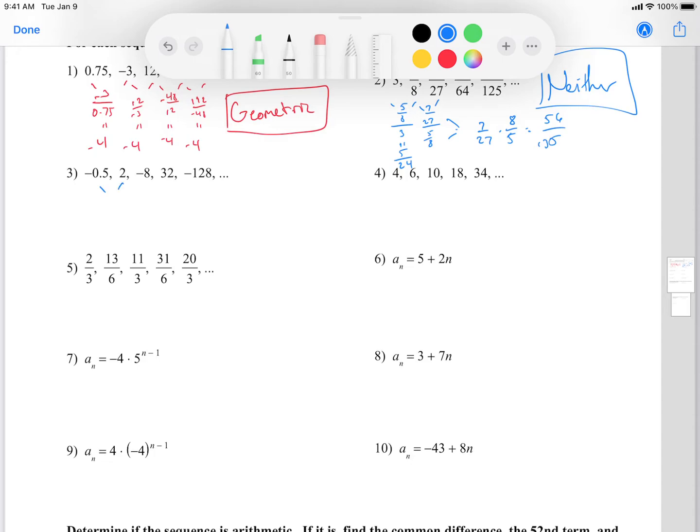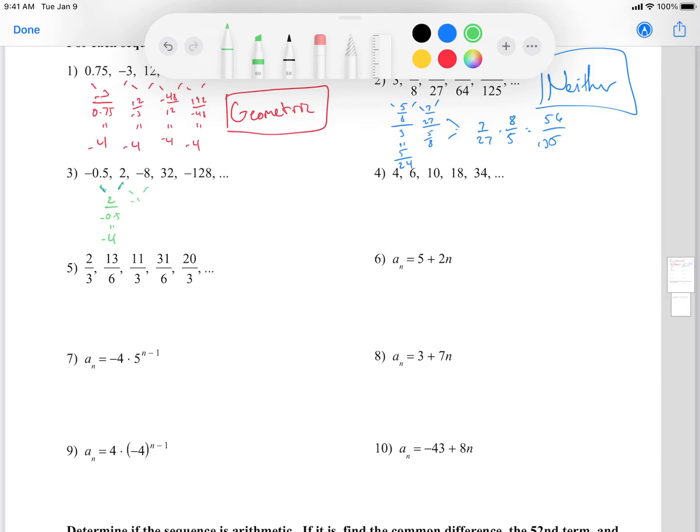So what I want to do is see what the possible common ratio is. 2 over negative 0.5 should be negative 4.